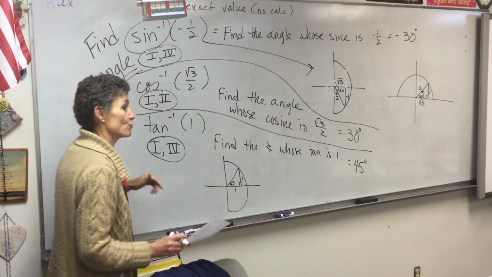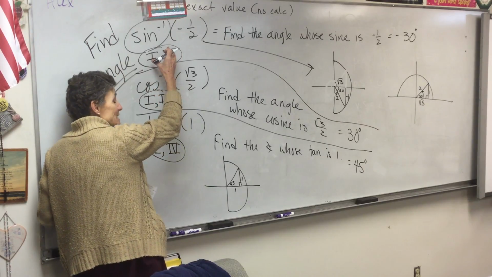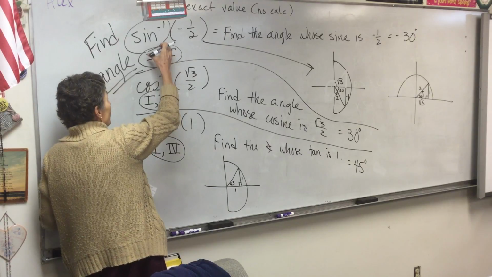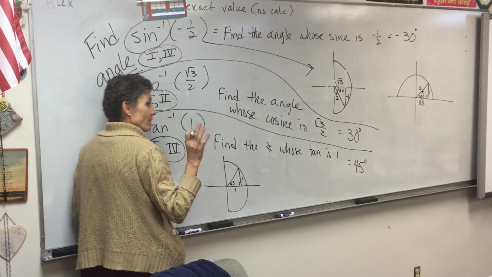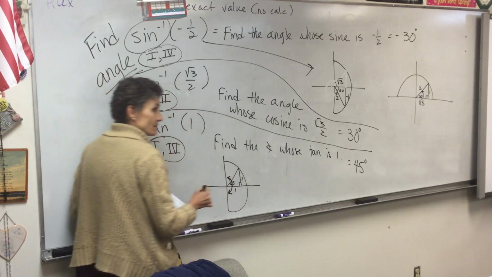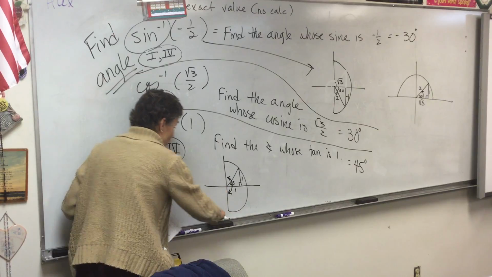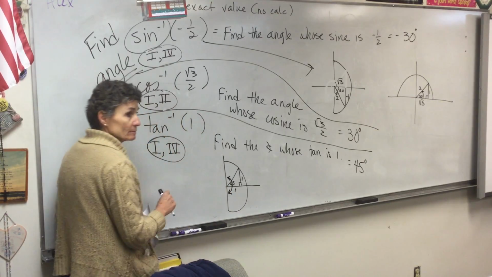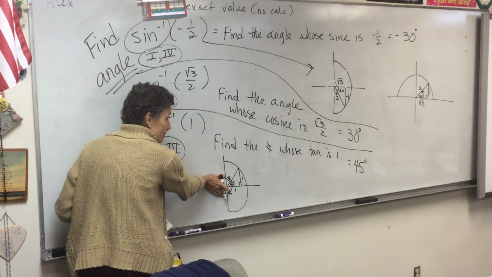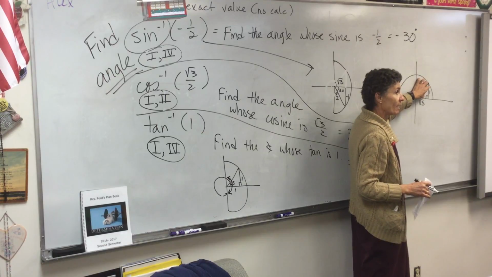Then when you draw your pictures, they have to be contained within that piece of the circle. When you draw a sine or a tangent, whatever angle you name has to be in that half of the circle. Don't be drawing anything over here. Pretend that's not even there. You can't be out here. And when you do a cosine, everything has to be contained within the top half of the circle.